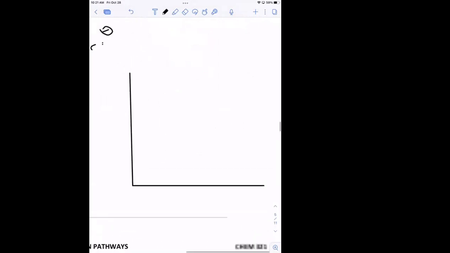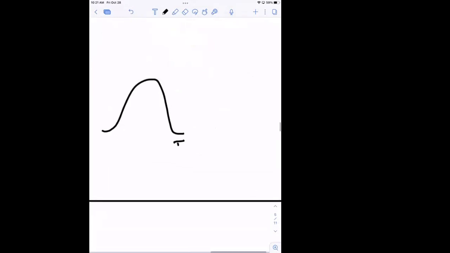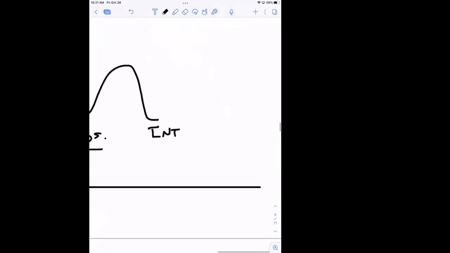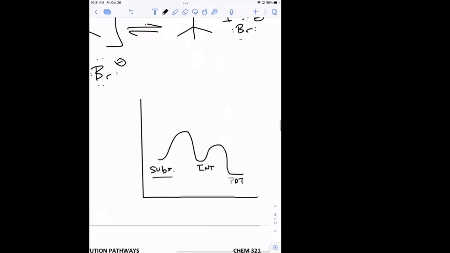The first step is rate determinant, so it's got to have a higher activation energy than the second step. I'm going to put that in here. So this is going to be the intermediate, and this is the substrate. And then from the intermediate, I'm going to have a lower activation energy to the product.